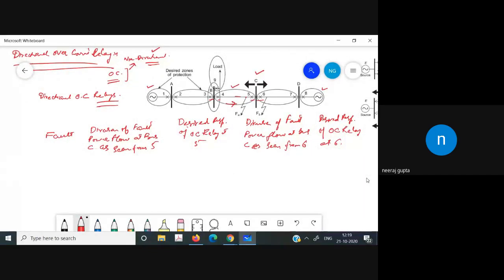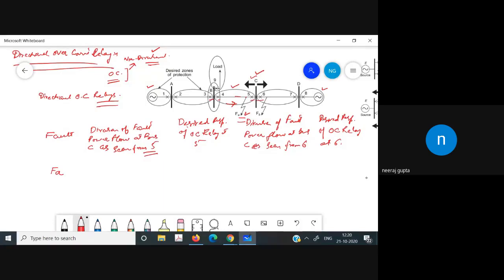Now first, let us suppose that the fault is FA. You will see that the FA fault in this case is between 4 and 5. So what is the direction of the fault power flow at bus C as seen from 5?